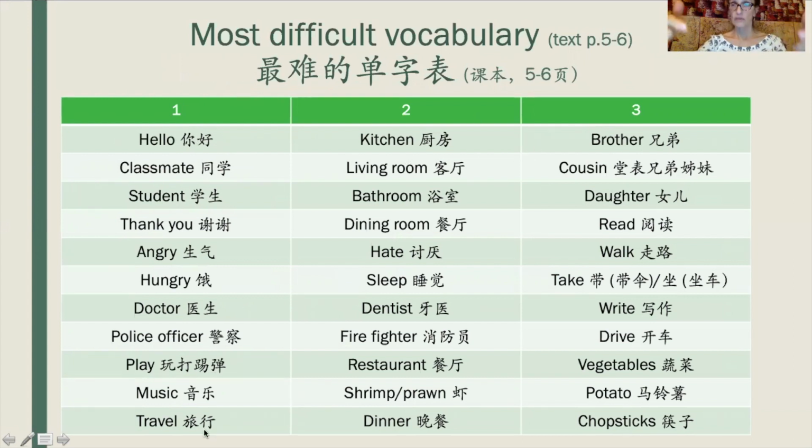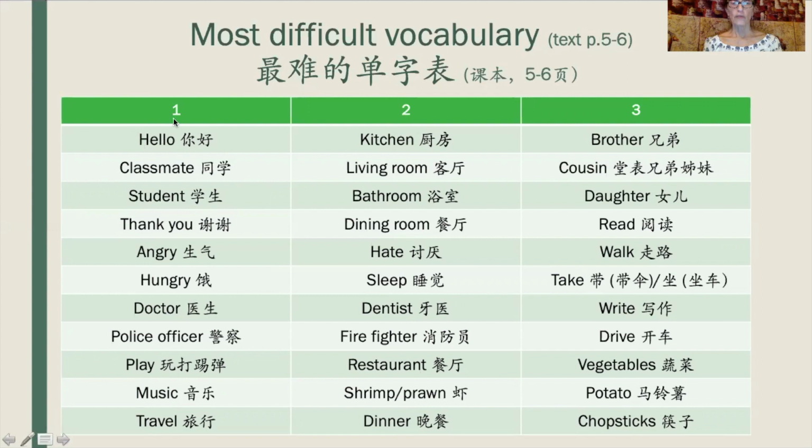The columns go down, the rows go across. Okay, and I picked out the most difficult words, I think, difficult for pronouncing, for saying. So I'm going to say these words twice, and you can try to say them with me the second time.